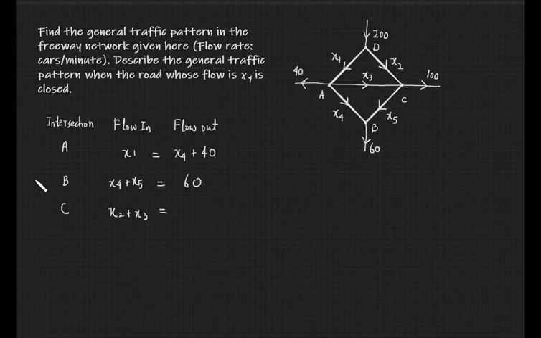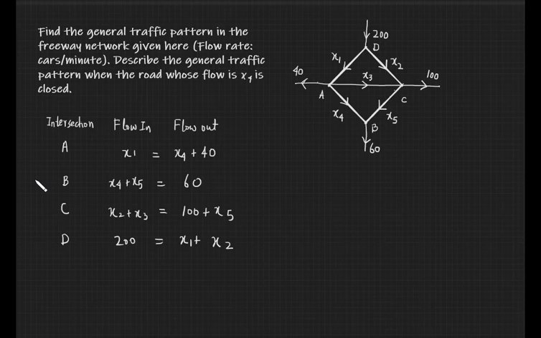That should be 100 plus x5. And the number of vehicles coming into intersection D is 200. That should be equal to the number of vehicles going out, that is x1 plus x2.